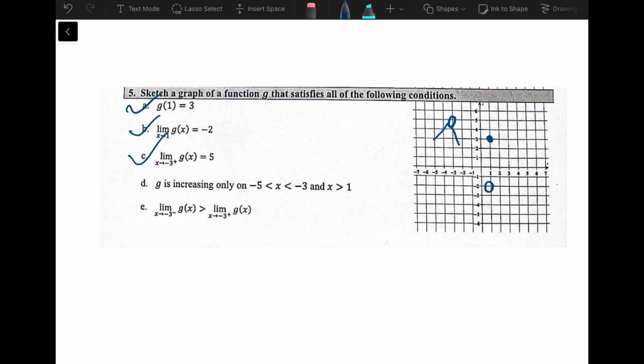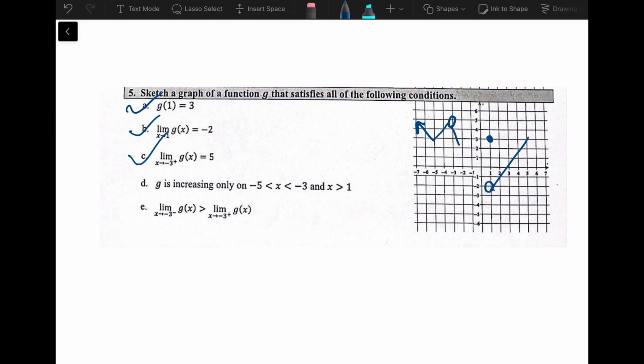And this point from -5 onward is decreasing. So that'll make sense. And x is greater than 1. Okay, so this point from x is 1 it's moving positively, right?